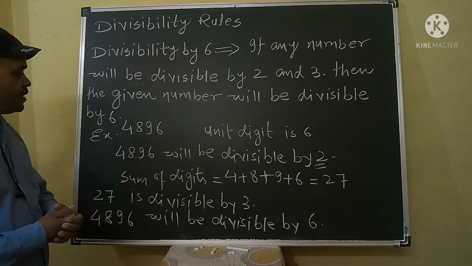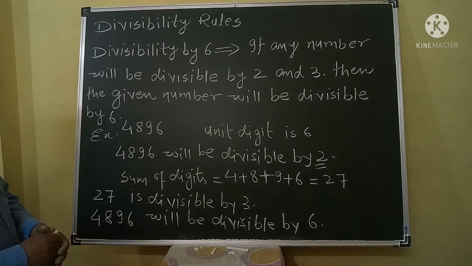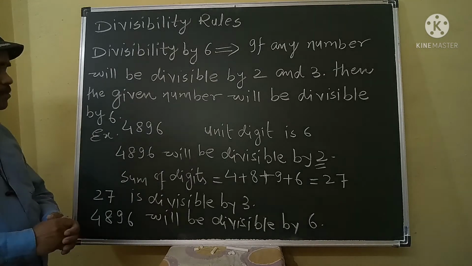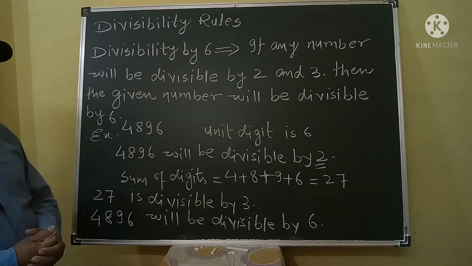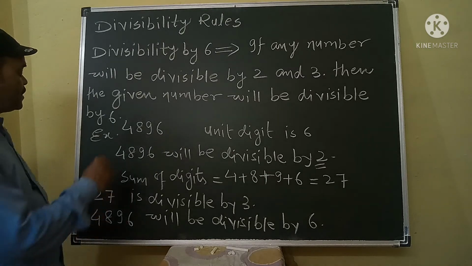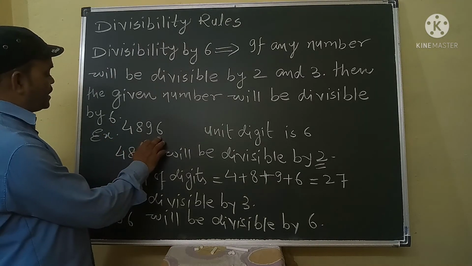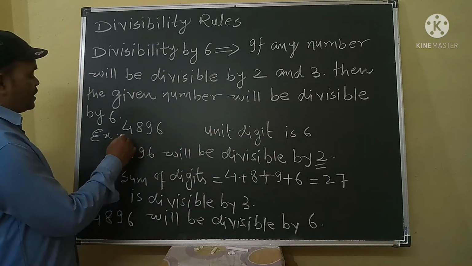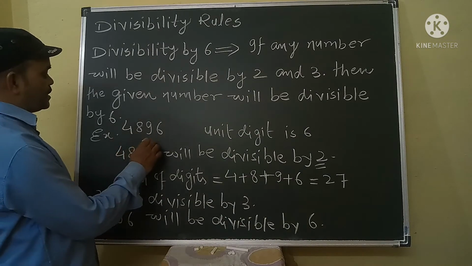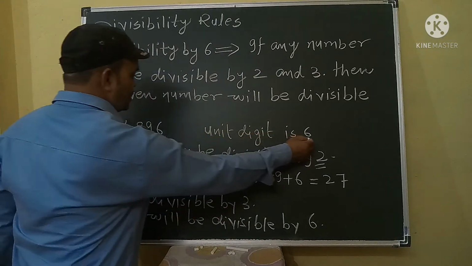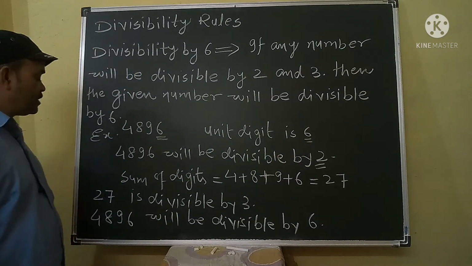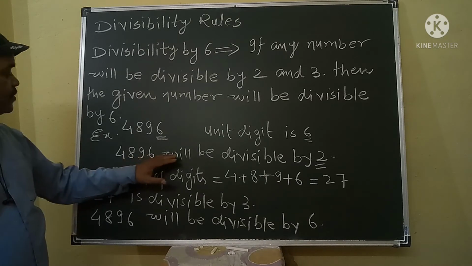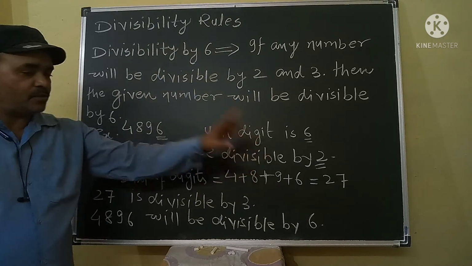If unit digit of any number is 0, 2, 4, 6, 8, then the number will be divisible by 2. As you are looking in 4896, unit digit is 6. That means 4896 will be divisible by 2.